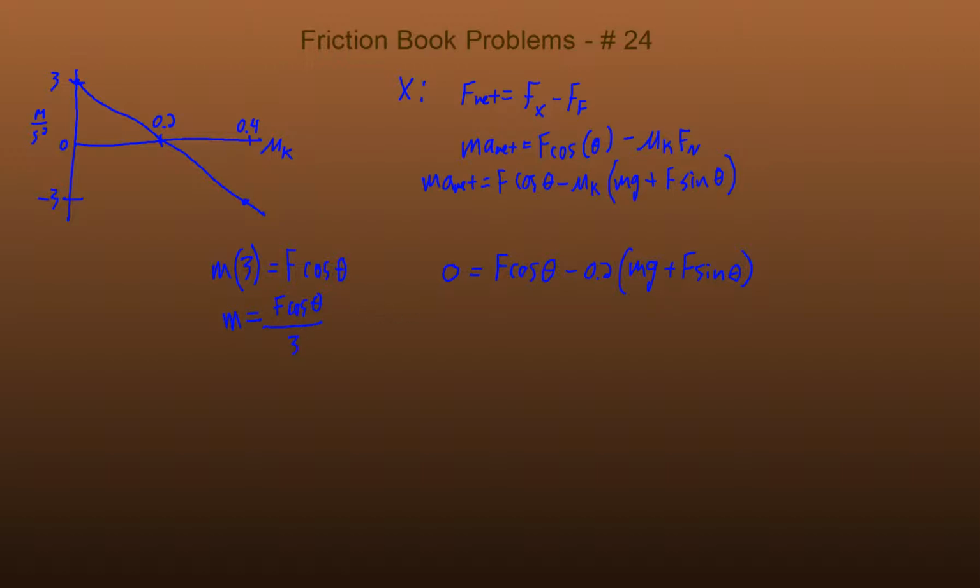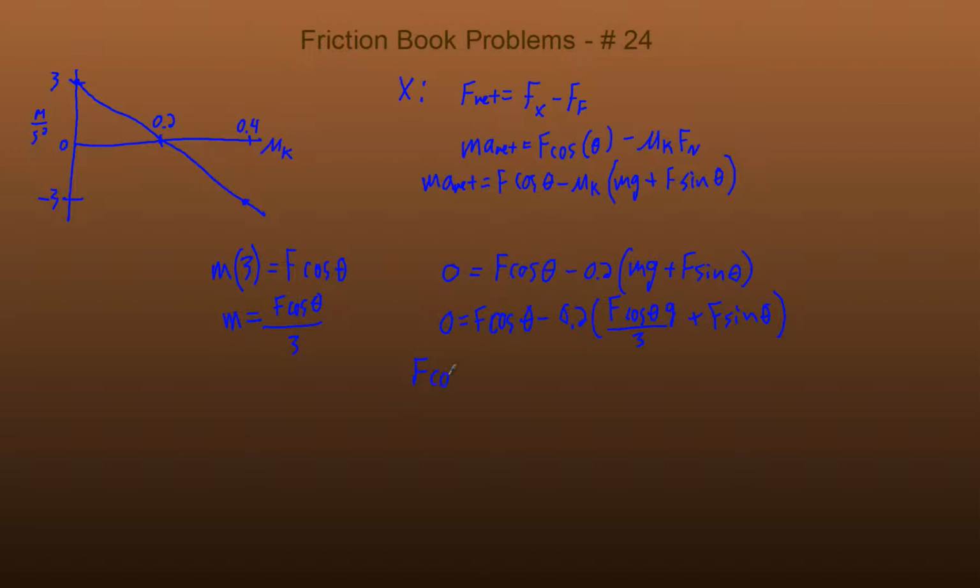Take this m, plug it into here, giving us 0 equals F cosine theta minus 0.2 (m is F cosine theta over 3) times g, don't forget the g here, plus F sine theta. Since we have a 0 here, we can bring this negative term over to the other side and set these equal to each other.